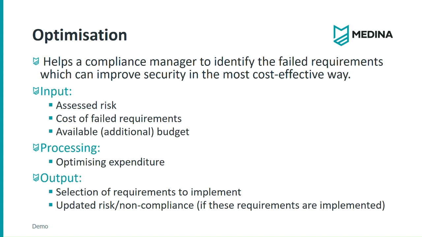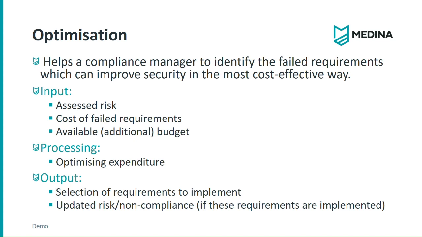What is required for this kind of analysis? The assessed risk, in the way it was done previously. So we saw how to do it previously. The cost of the failed requirements, so to understand how much it would cost the CSP to implement those failed requirements, and the budget that is available.